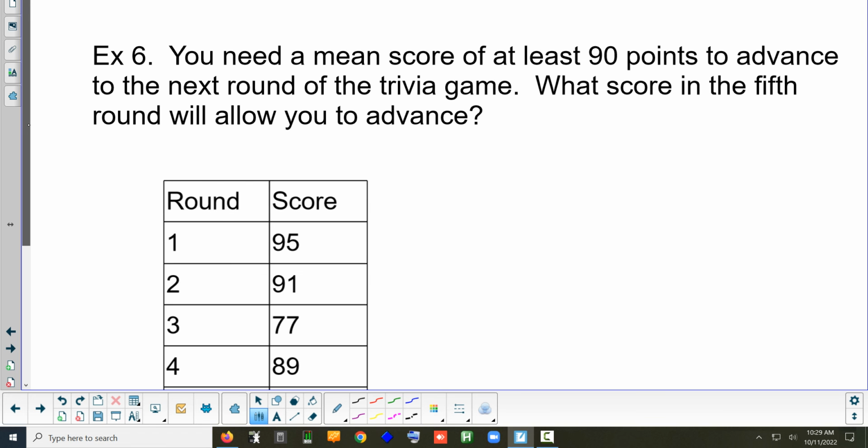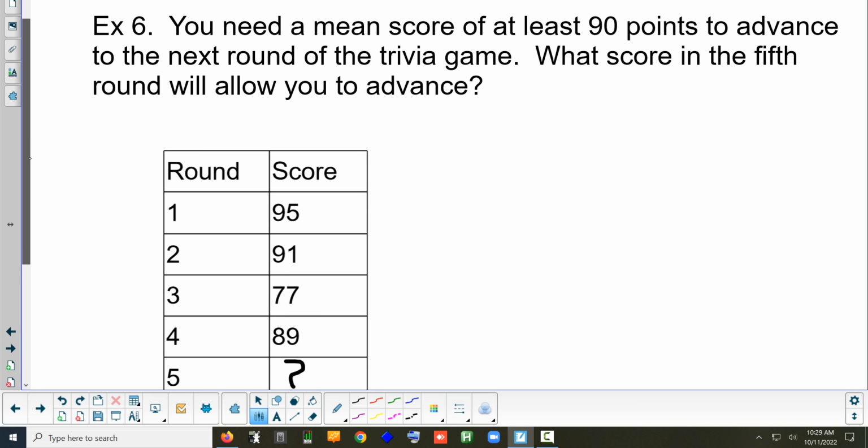All right, so they want the mean score to be at least 90 points. So let's put mean score. I'm just setting this up in my head to see what I need to do. What does at least mean? What inequality symbol is at least?